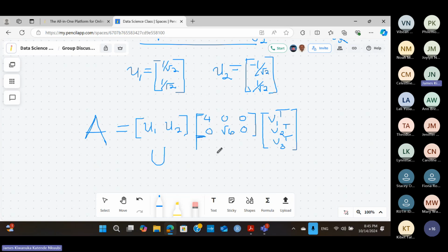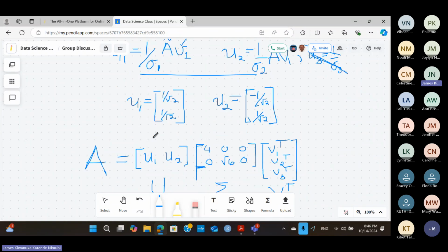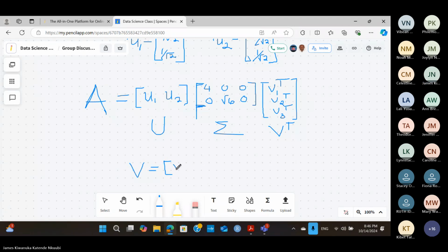So this is U, this one will be sigma, and this will be the transpose of V. V is supposed to be made up of the vectors V1, V2, and V3.